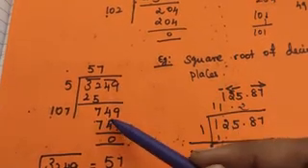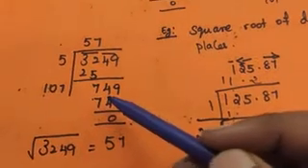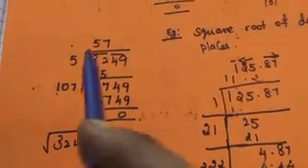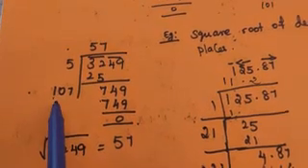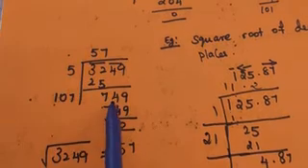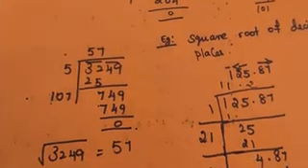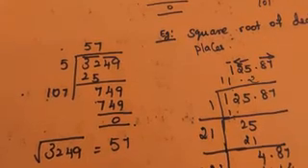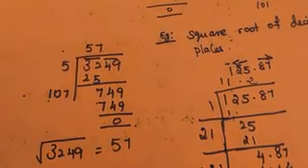And the next number comes down. Next number means the next pair comes down. That is 749. Now what we have to do? This 5 will be multiplied by 2, so 10. With 10, which number multiplies so that we will get 749, that we have to check out. So if you take 107, here 7 is the clue for you.